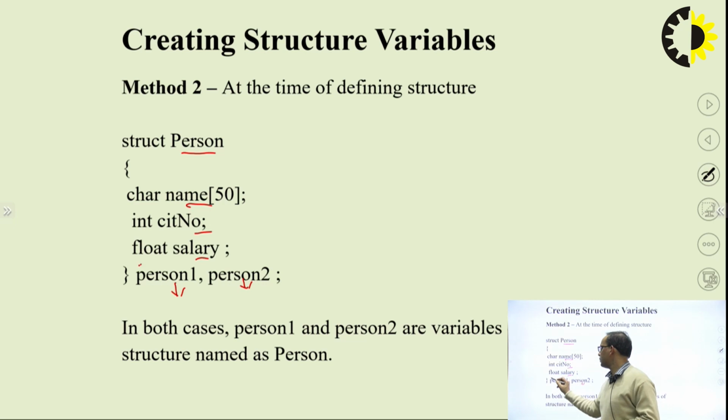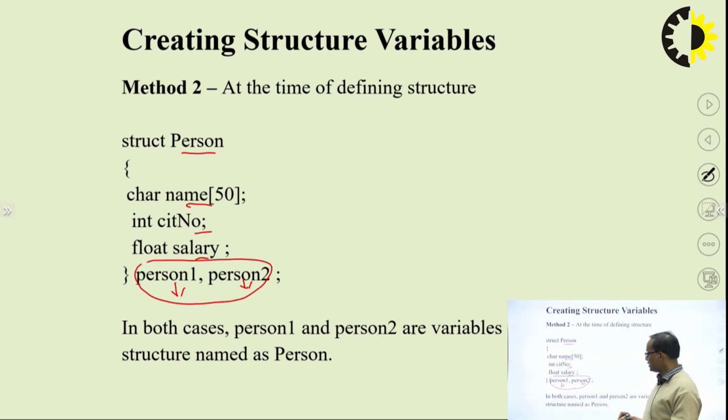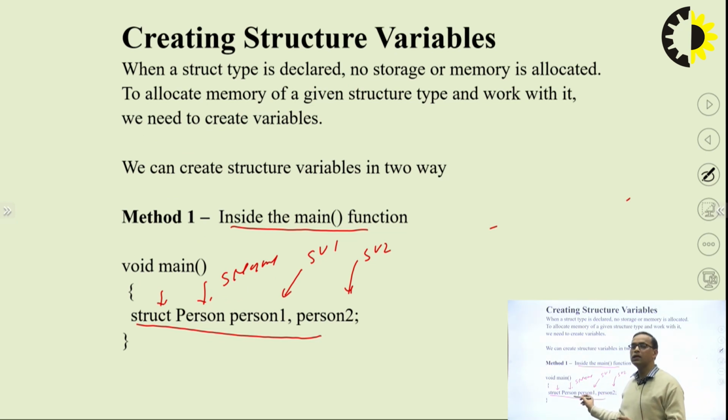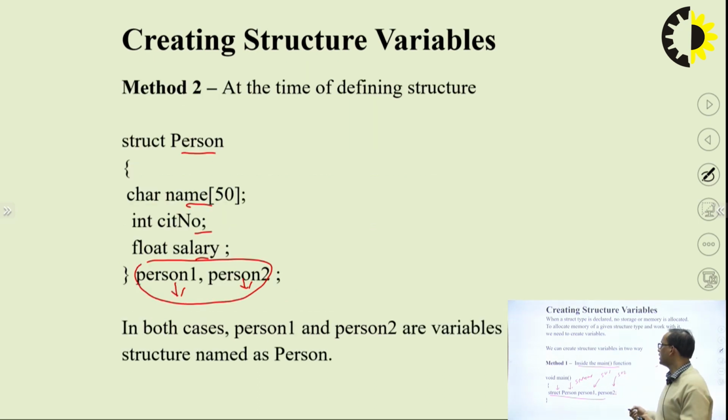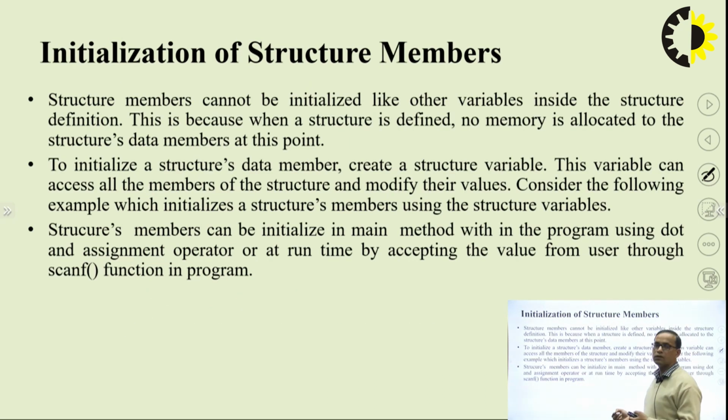So in this case we are creating the structure variable at the time of definition, whereas in the previous case we created it inside the main function. We will see the implementation in the next slide. So there are two ways to create the structure variable: inside the main method and at the time of defining the structure.